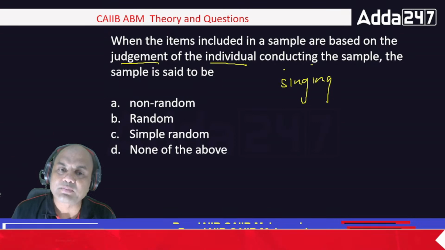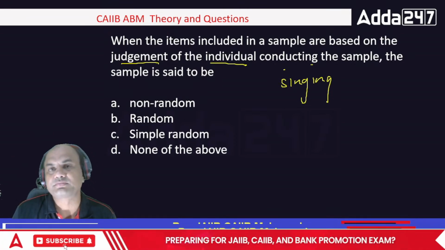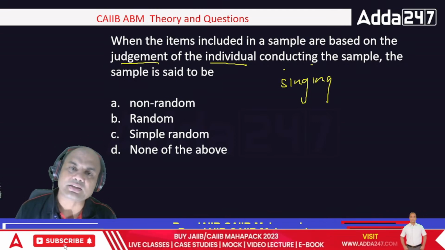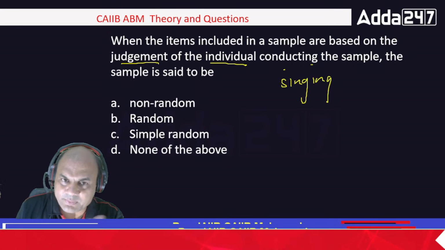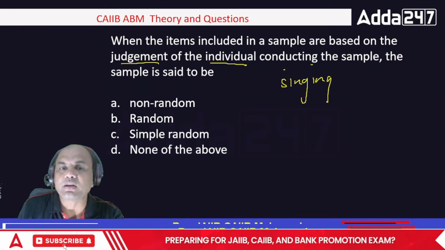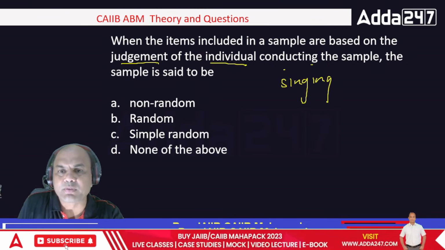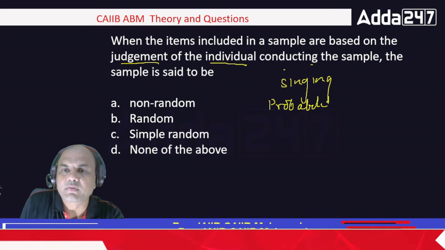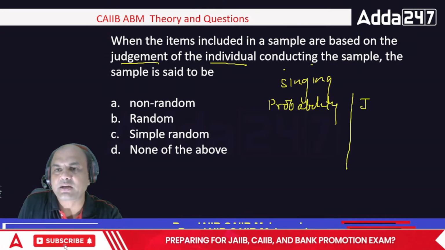So when it is based on the individual judgment, it is called as what? Non-random, random, simple random, or none of the above. Let me explain some part here. Remember, there are 2 types of sampling. One is probability, and second is judgmental.